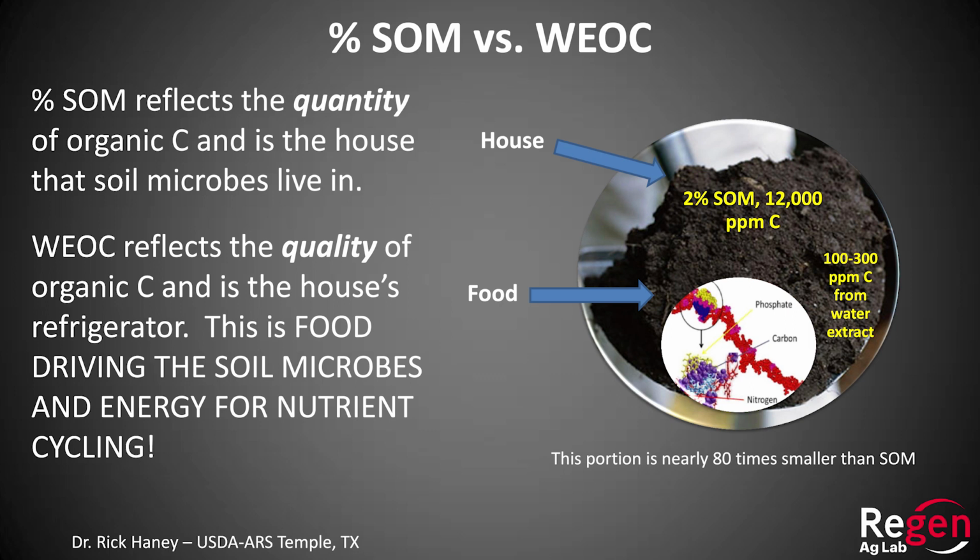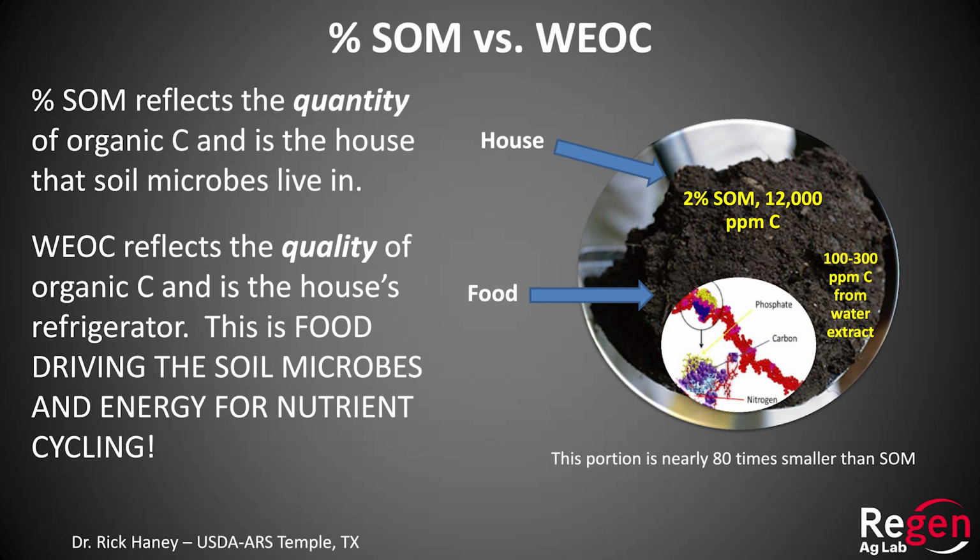Soil organic matter. We focus on soil organic matter so much. We talk about it. They've been testing it for 100 plus years. Soil organic matter is basically the quantity of organic carbon in your soil. It is the house the microbes live in. The bigger the house, the more microbes you can hold, and also the more water you can hold.